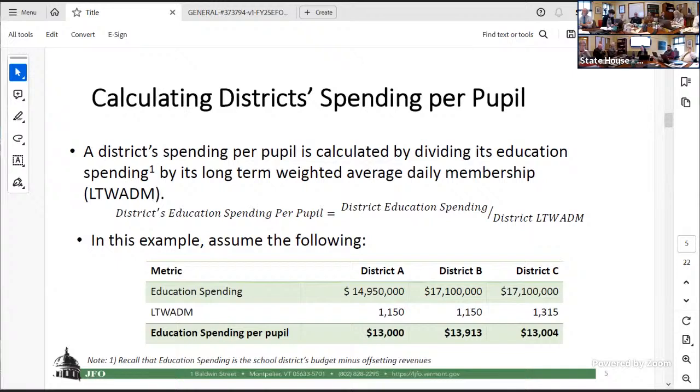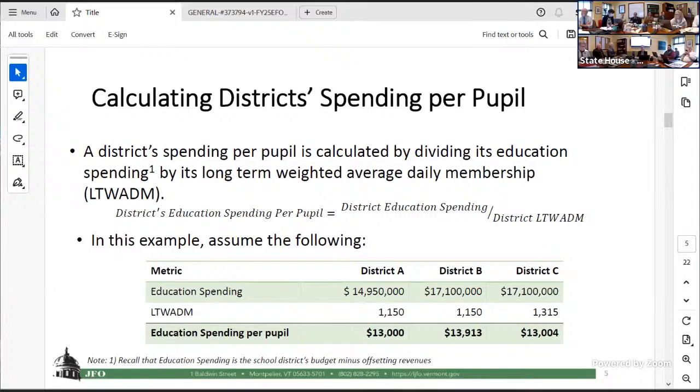It's my understanding that the LTWADM has in general universally increased the number in the denominator. Yes, that's correct.